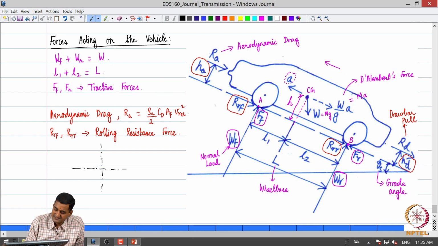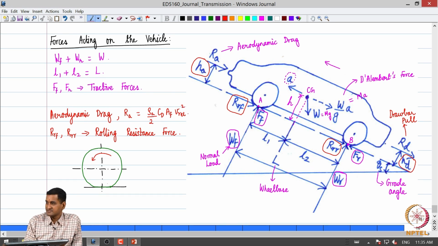So what happens? Let us say I draw a very simple schematic. So this is the rotating tire, I am just exaggerating to convey the concept. Let us say the tire is rotating counterclockwise, okay, and this is the tire road contact patch or the contact area.